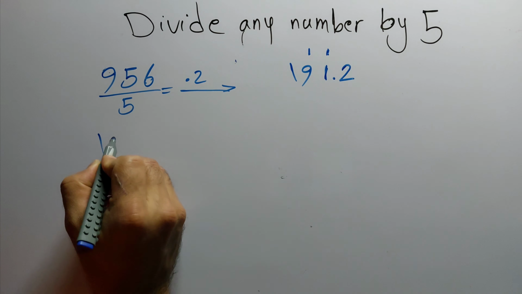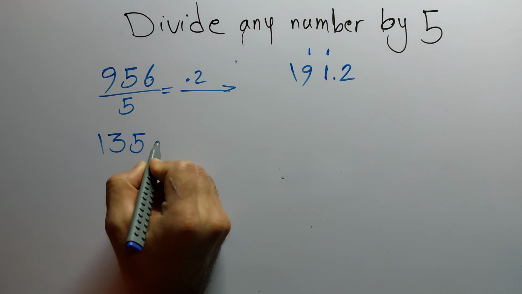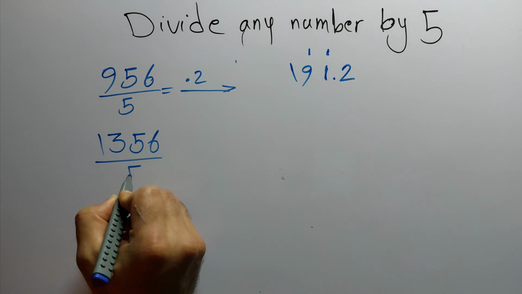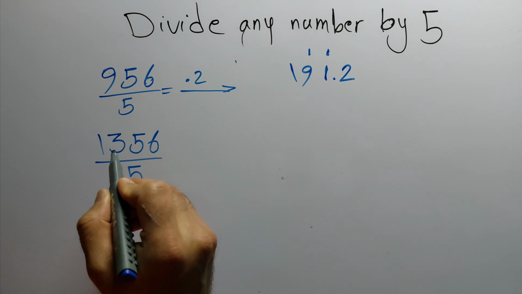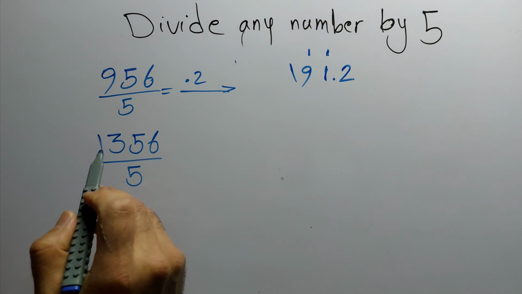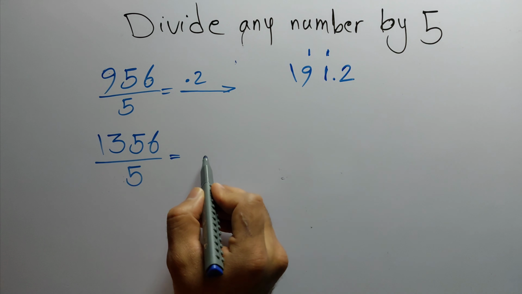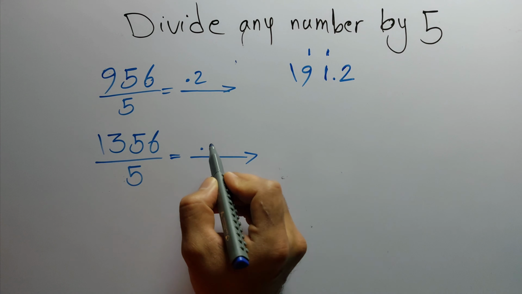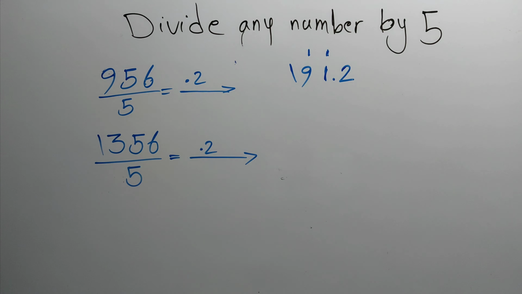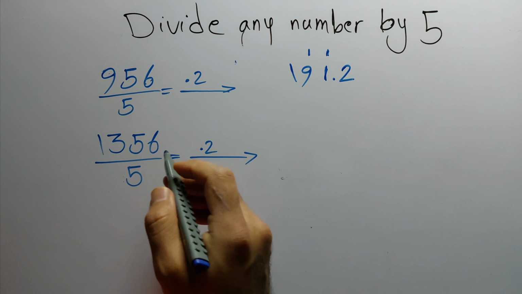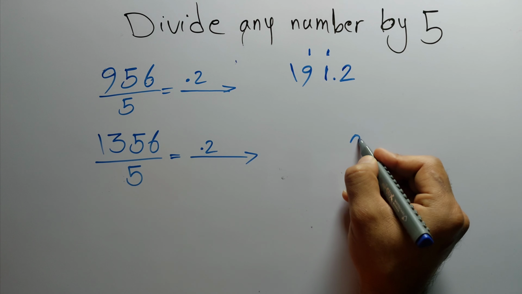Let's go for another one, maybe a 4-digit number. Let's say 1356 divided by 5. Then some people say, okay, just 2 times 1356. Okay, that's easy, but let's go with a step-by-step approach. So 2 times 6 is 12 again.